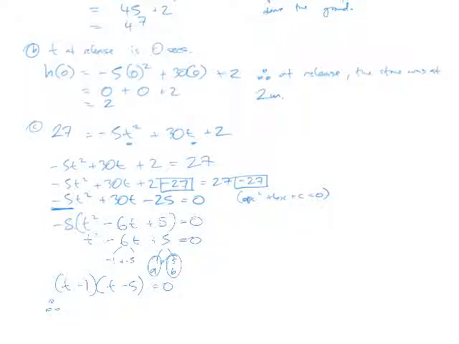Therefore, t is either equal to, t take 1 is equal to 0. Let's do all the steps instead of skipping. t take 5 is equal to 0. This is never ending. t can either be 1 or t can be 5.